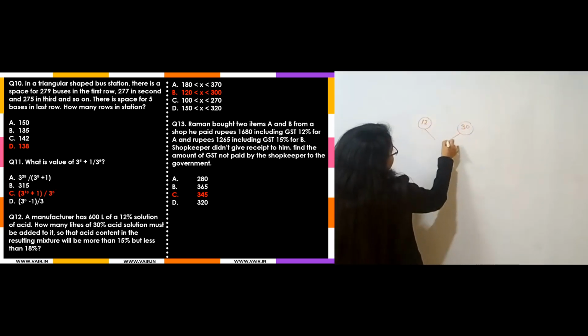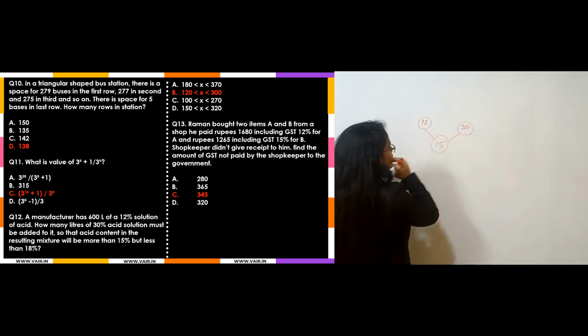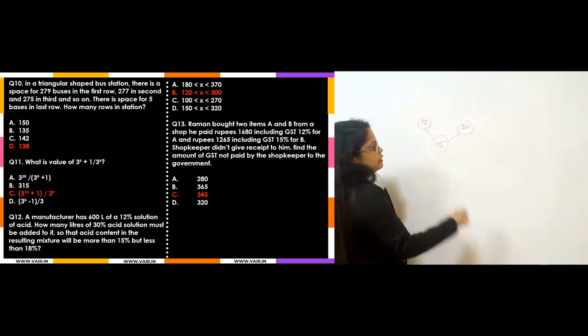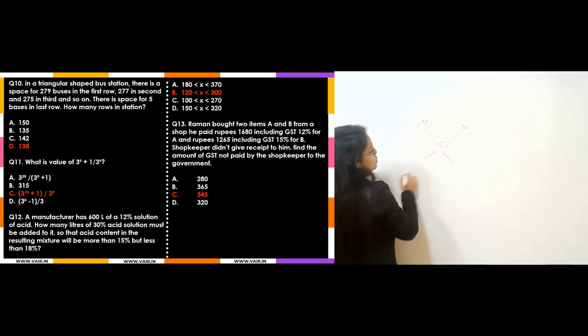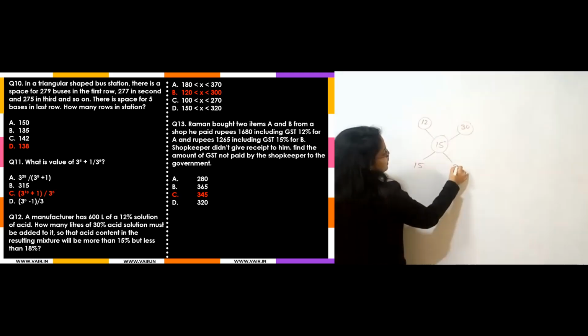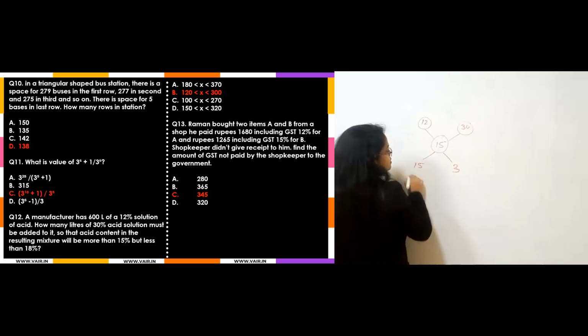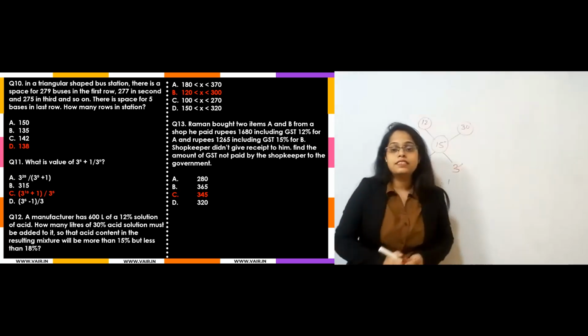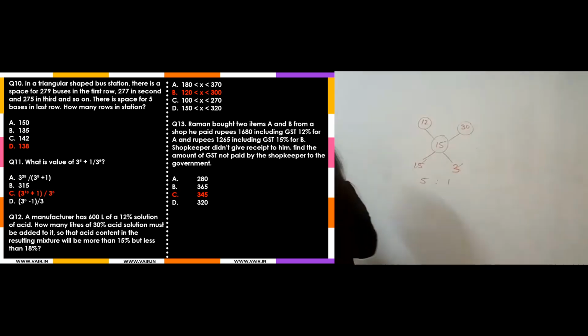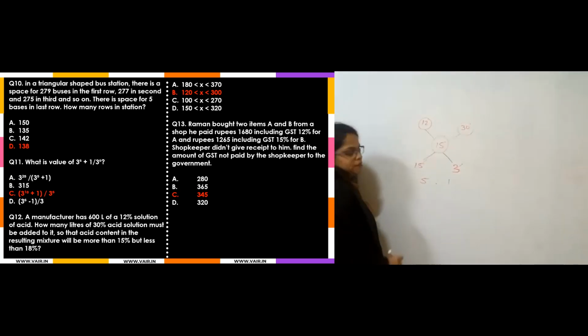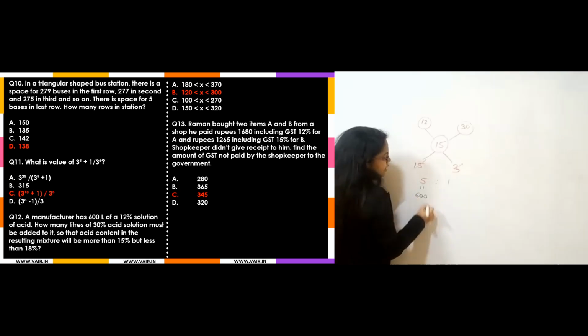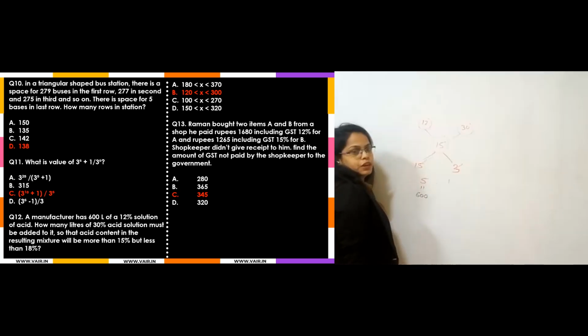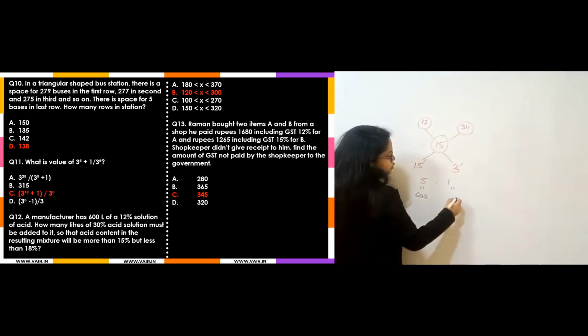They are saying that after mixing it should be more than 15. That means you can take 15 here in the middle. So you can see 30 minus 15 is 15. 15 minus 12 is 3. That means the ratio will be 5:1. And they are saying 600 liters of the 12%. That means this 5 is equal to 600. If 5 is equal to 600, 1 will be equal to what? 600 divided by 5 into 1, which is 120.